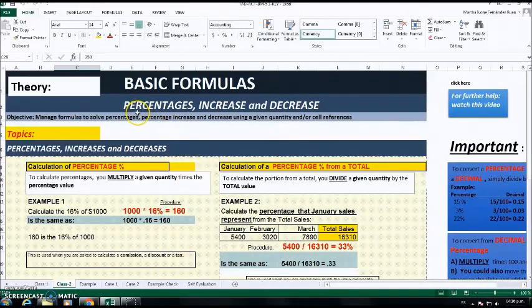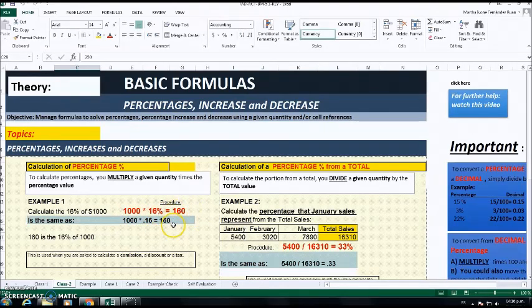We are working on percentages, increments, and decrements. Just to refresh our memories, the way to calculate the percentage of a value is just multiplying the amount times its percentage. In this case, what is 16% of 1,000 pesos? It's just multiplying the 1,000 pesos times this percentage.